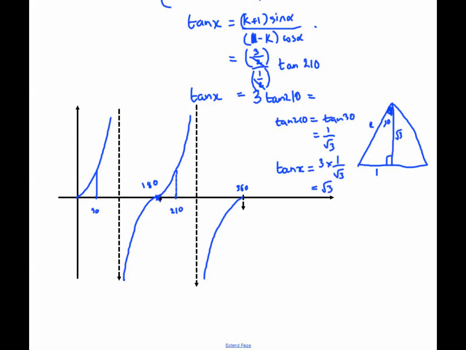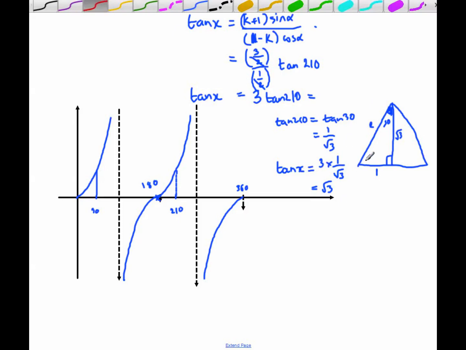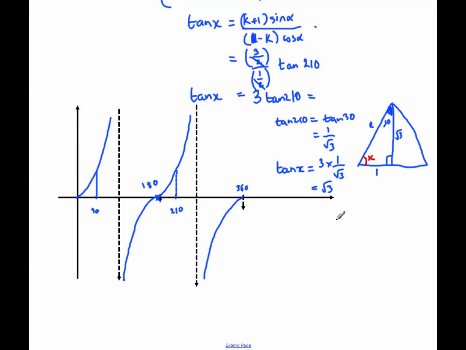And if you look at this picture again, that must mean that x is this angle here, because tan x equals root 3 over 1. So my first solution is that x is equal to 60 degrees, which is there. Now, if x is equal to 60 degrees, then I've got one more solution, which is this one, and that is 180 plus 60. Therefore, x is 60 or 240. Now, I'm afraid the fire alarm has just gone off, so I'll finish this off later on.